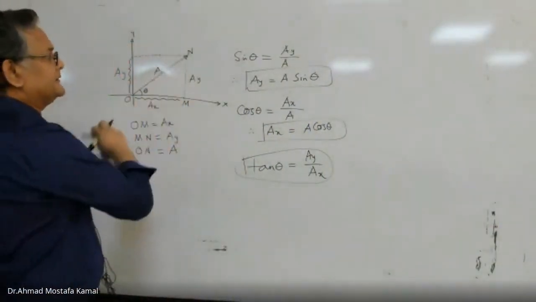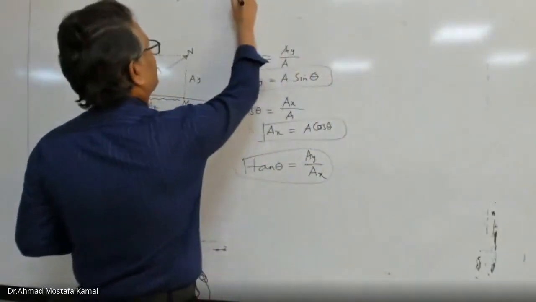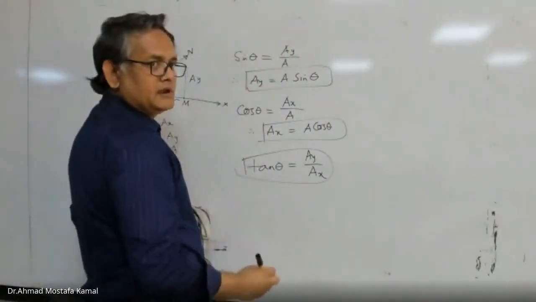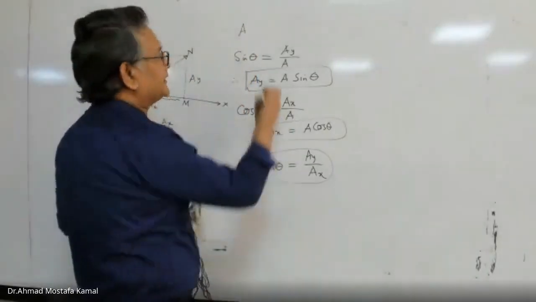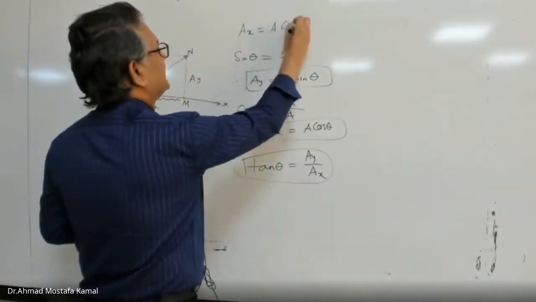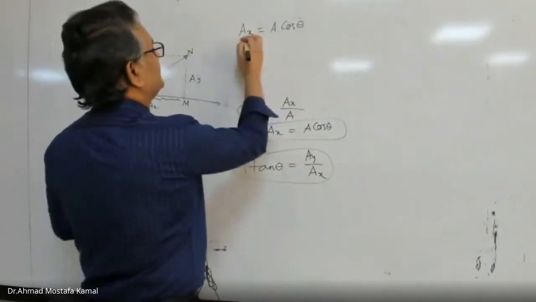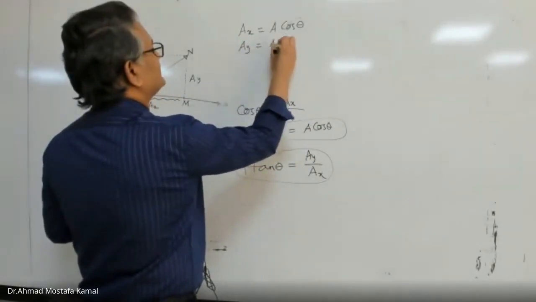We shall use this concept: Ay, Ax, and Ax equal to A cos theta. I will erase them. That's why I'm writing again. And Ay equal to A sin theta.